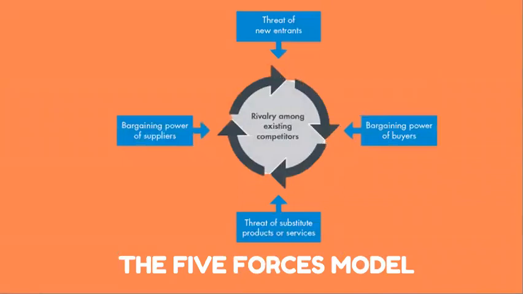This model is composed of the 5 forces nga. So first is we have the bargaining power of buyers, rivalry among existing competitors, the bargaining power of suppliers, the threats of new entrants, and the threats of substitute products or services.